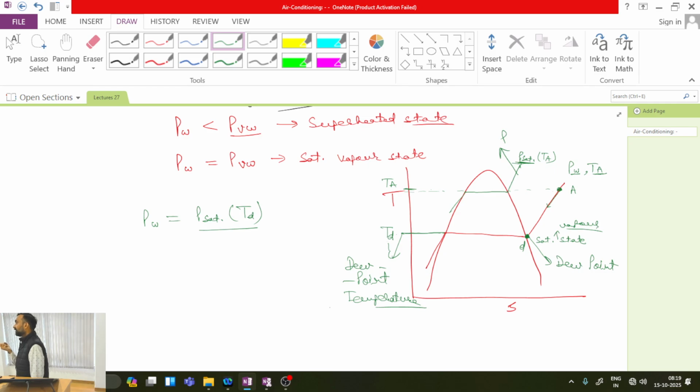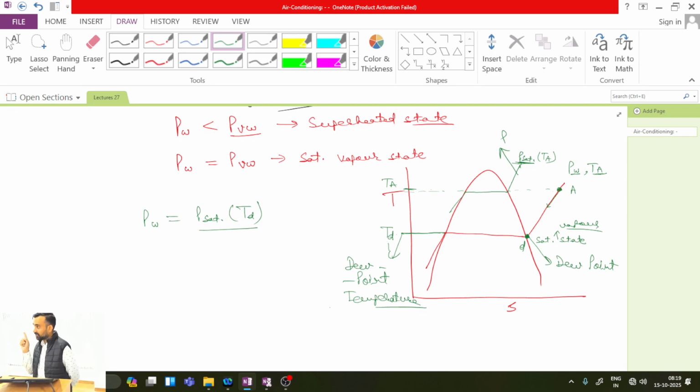So in winters, particularly in the morning, you find a lot of dew formation because you easily reach the saturated state even with low vapor content. When temperature is high, more vapor content is needed to reach the saturated state. But when temperature is low, the saturated state can be achieved even with low vapor content. Is this point clear? Does anyone have any doubt about this?